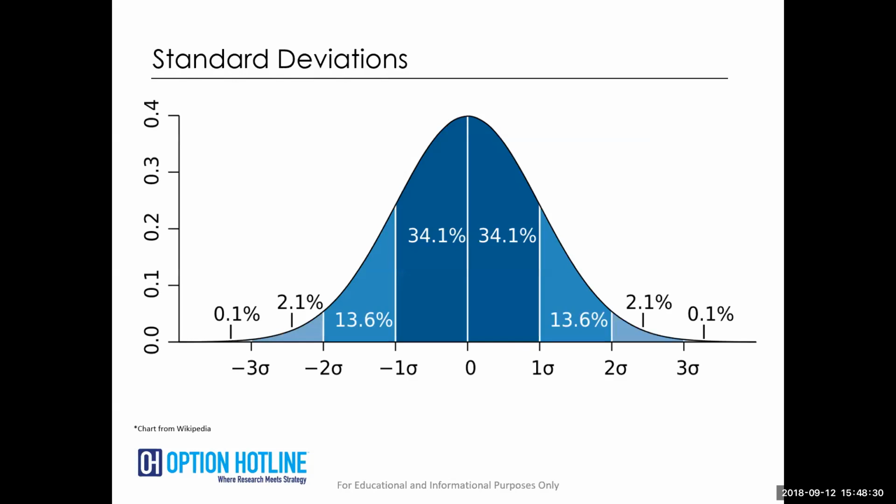Remember this chart here. This is the chart of the normal distribution. When you see stocks that are down 8, 9, 10 standard deviations in a day, and this happens, it's basically a violation of the normal distribution because it should effectively never happen. February 6th this year for the entire market should never happen.